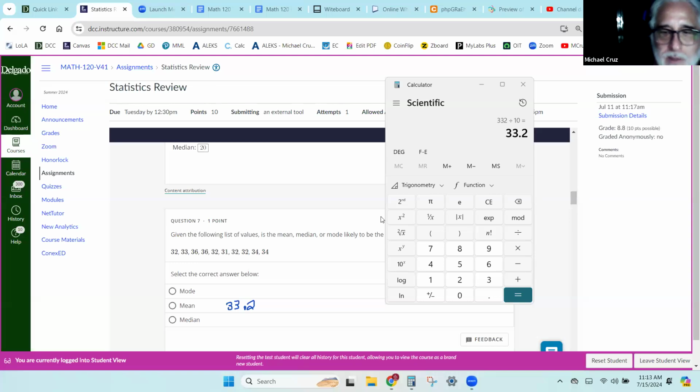So the mode, let's see. Looks to be 32, right? Because there's 4 32s, and there's only 133, 136, and 2 34s. All right, and we said that there's 10 of them now. So now watch the way we do this median here.